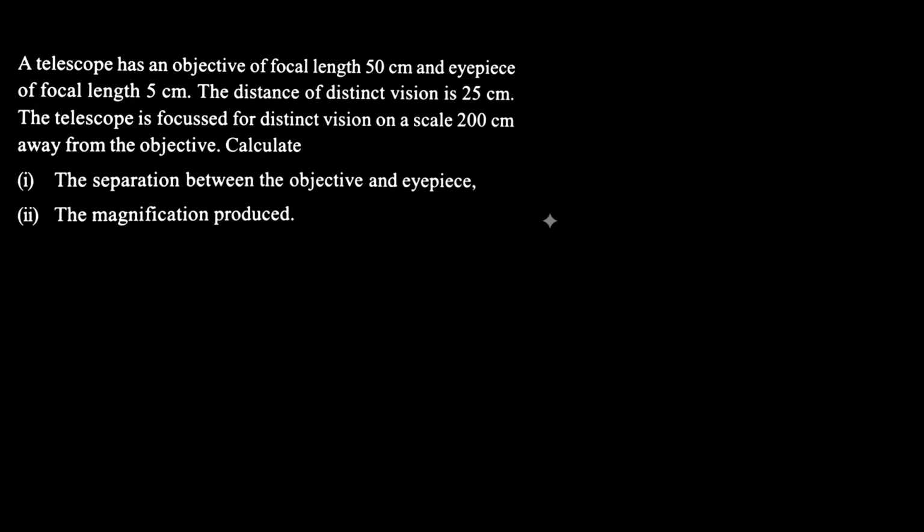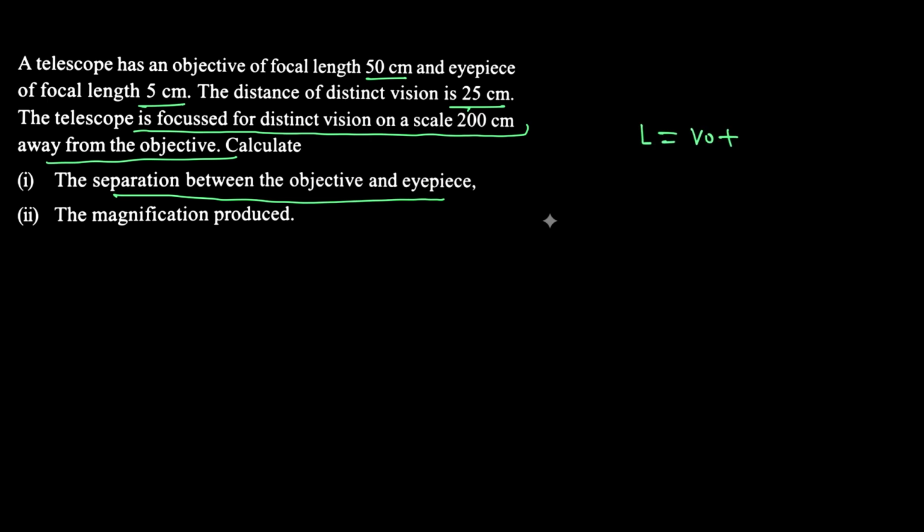Now there is one question based on the telescope. The telescope has an objective lens of focal length 50 cm and an eyepiece of focal length 5 cm. The distance of distinct vision is 25 cm, and the telescope is focused on an object 200 cm away. It means they are asking for the separation between the objective and eyepiece. It means they're asking L is equal to VO plus UE.